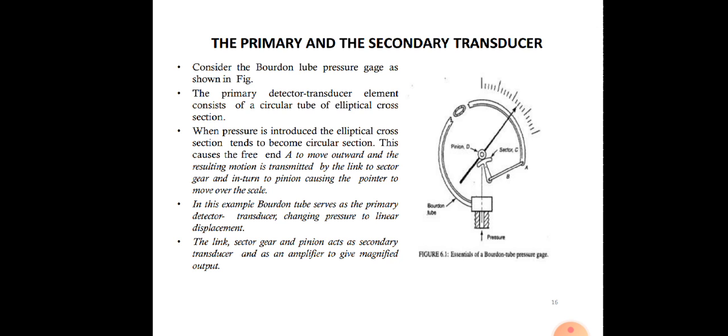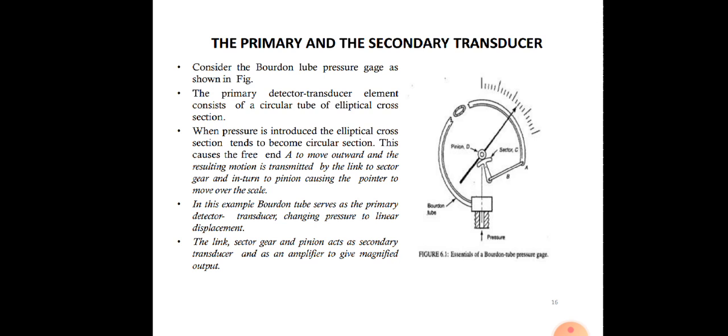When it detects the pressure P, the Bourdon tube tends to become circular and is treated as the primary transducer. The secondary transducer is the sector gear and pinion, which receive the signal from the primary transducer.